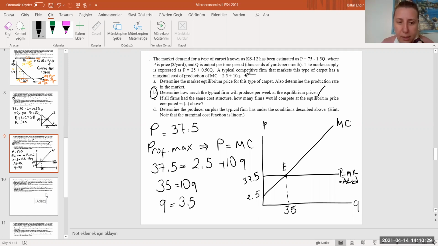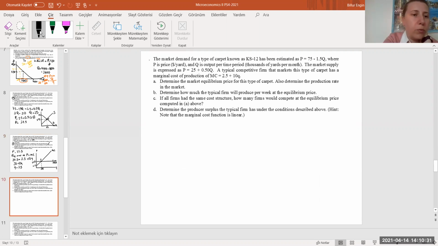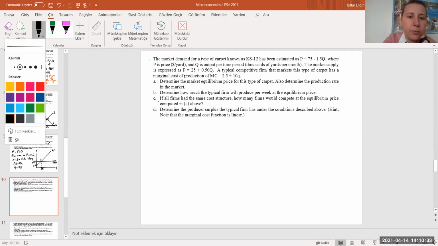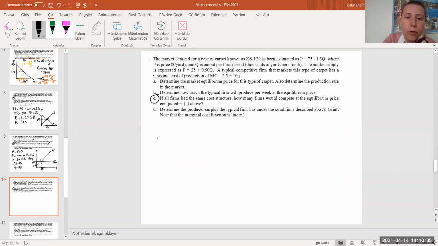So in that case, the number of firms can be found as Q over q, the market output over the firm's output.